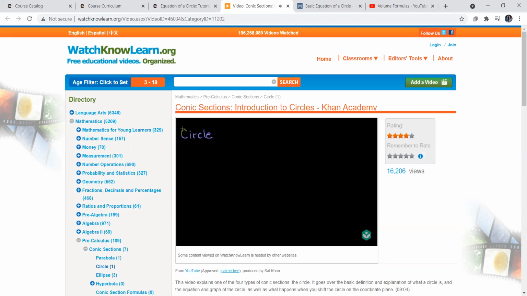You've probably seen this for many years already, but I'll review if you don't know it already. The general equation for a circle is x squared plus y squared is equal to r squared, where r is the radius of the circle. And this would be a circle centered at the point 0, 0.